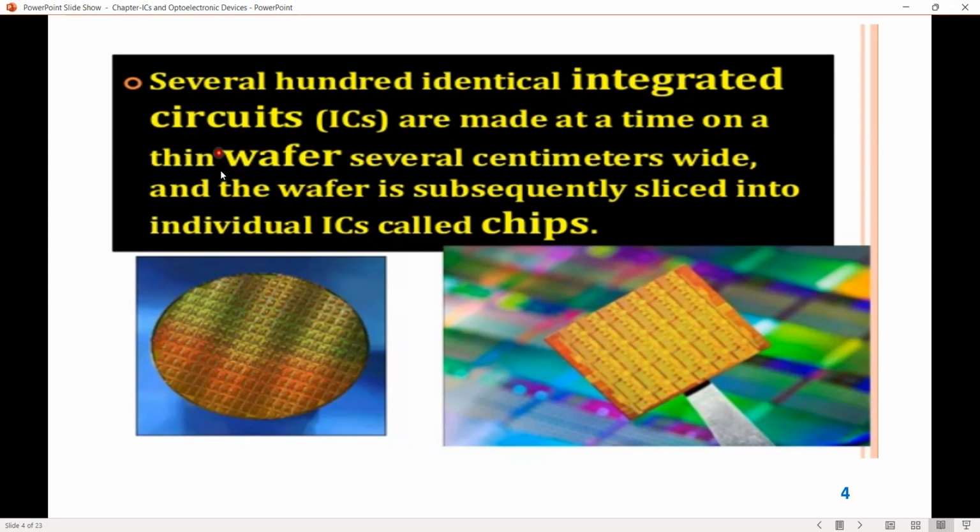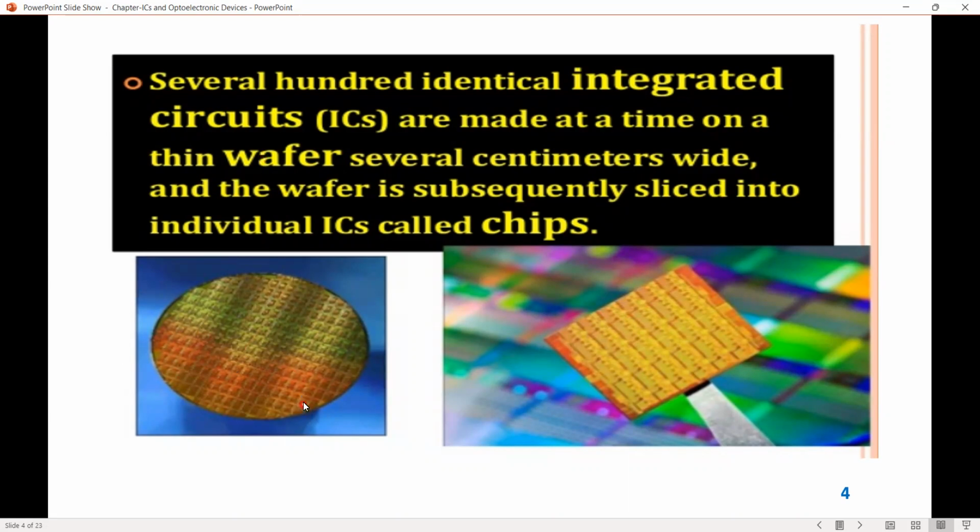Now you have heard this name wafer. What is this wafer? Basically, it is a slice of the semiconductor material. We have discussed the semiconductors, silicon, germanium, and all. So first, these materials are cut into the form of a wafer, and on that wafer, IC components, transistors or diodes, these things are fabricated on the tiny wafer, and you can see how tiny this wafer is.